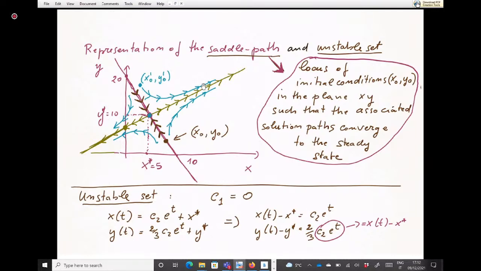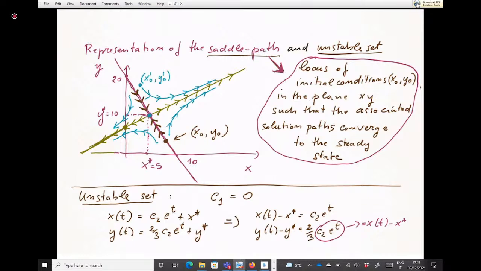For any other initial condition, for instance, if you take an initial condition here, you can represent the solution for this system, like I did before. You see something that in the plane goes like this. It looks like it approaches the steady state for a while. Suppose that you start here. It looks like you approach the steady state for a while, then it turns along the unstable arm, and in the long run, it diverges along the unstable arm, okay?